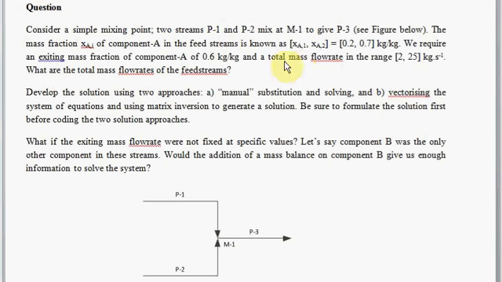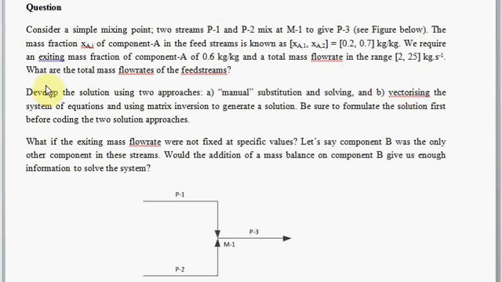So we want a total exit mass flow rate here in the range from 2 to 25 kilograms per second, right? That's a mass flow rate. So we want to know what the total mass flow rates must be in these two streams to accomplish that.